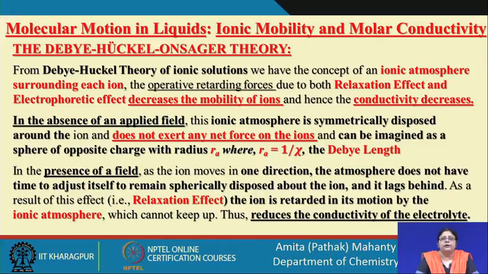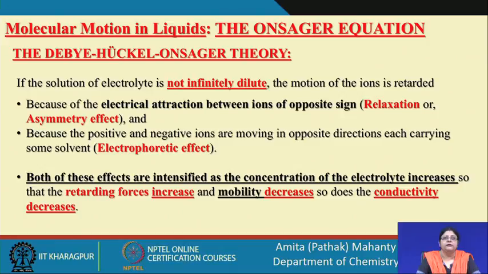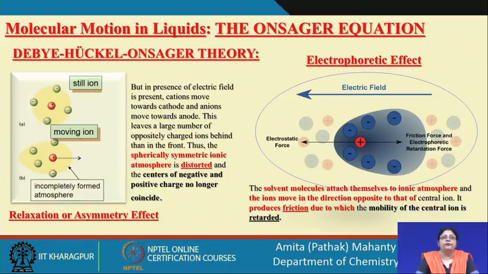So, when we are talking about the ionic atmosphere, we are talking about the effects which we have seen. If you go back and see the type of effects we had when talking about the ionic effect, we had the asymmetric effect, that is the relaxation effect, and the electrophoretic effect.